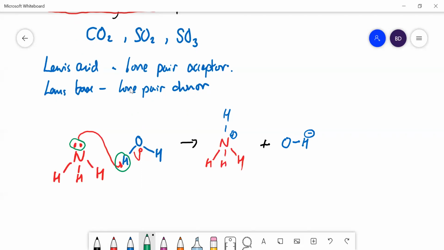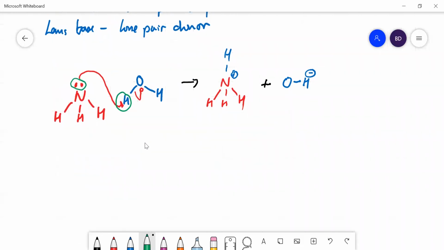So that shows you that the two ideas are not contradictory, just different ways of looking at the same thing. So let's try and think about carbon dioxide then. We say carbon dioxide is an acidic gas, but it can't be a Bronsted-Lowry acid.